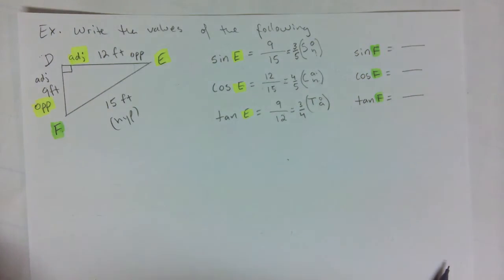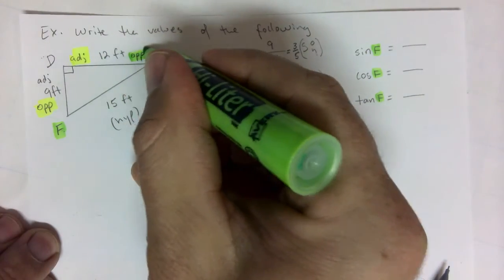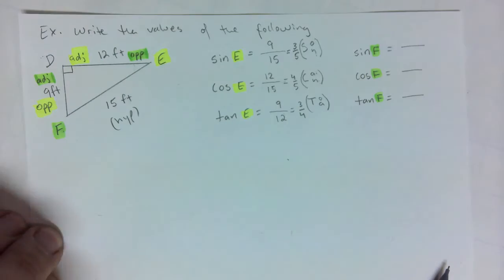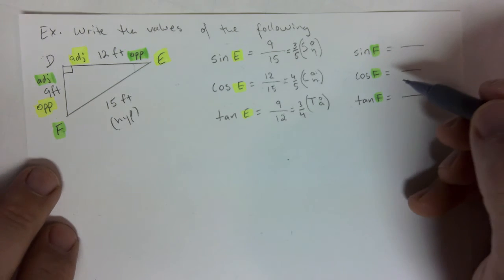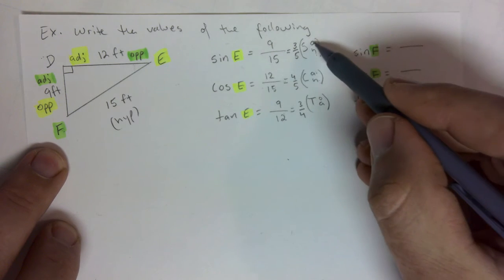And I'm going to go ahead and highlight those accordingly. It's very important for you to understand that the opposite and the adjacent switch depending on which one of those acute angles you make your reference angle. Very important.